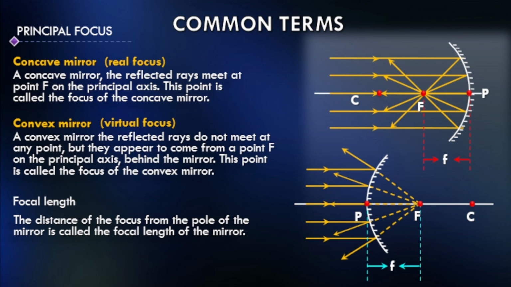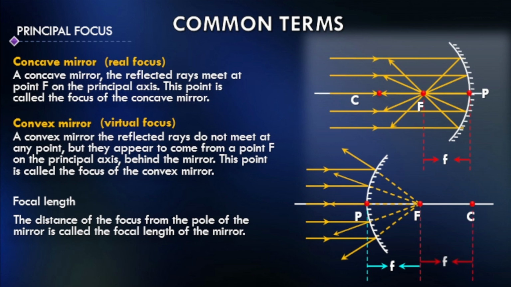And one more point to remember is focal length is half of the radius of curvature. You can see PF and FC look equal, and PF is half of CP. CP is the radius of curvature and PF is half of it.